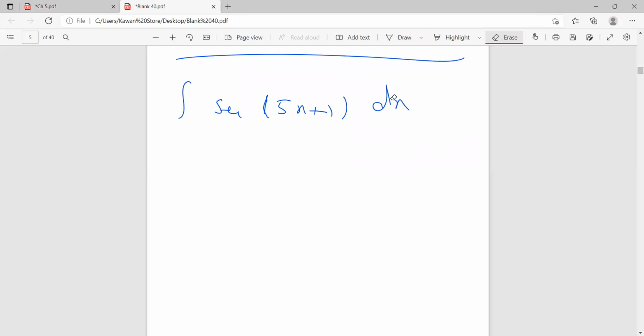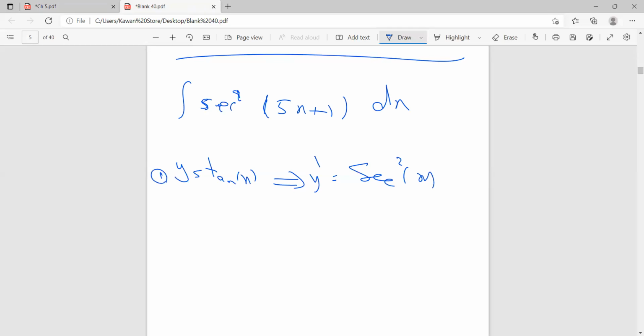Secant square. The first example, maybe you face like that. So how do we solve that one? Before you solve that one, you should have two important pieces of information. The first, derivative: if y is equal to tan of x, then the derivative of tan is equal to secant square of x.